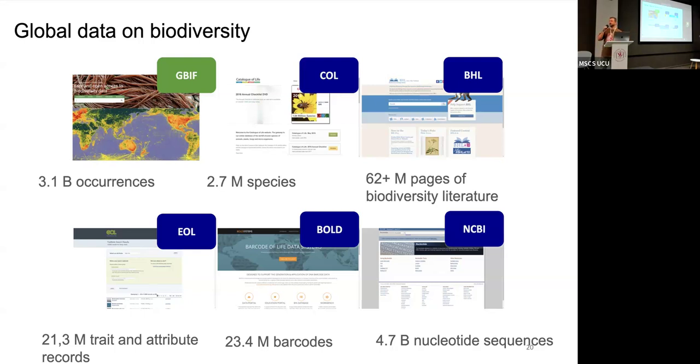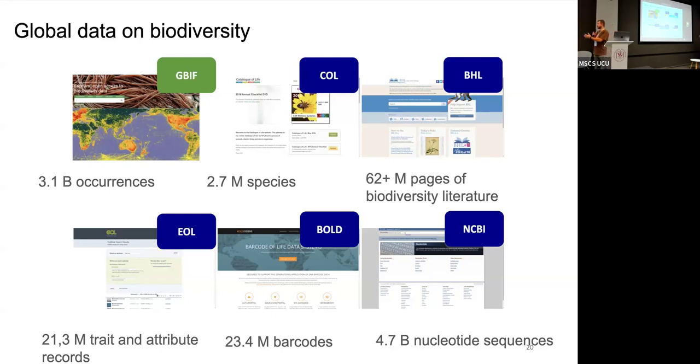Catalogue of Life now hosts more than 2 million taxonomic units, information about a single biological species and its position on the tree of life, its linkage to the other species. A source such as the Biodiversity Heritage Library contains more than 62 million pages of textual biodiversity information which have been published in literature.